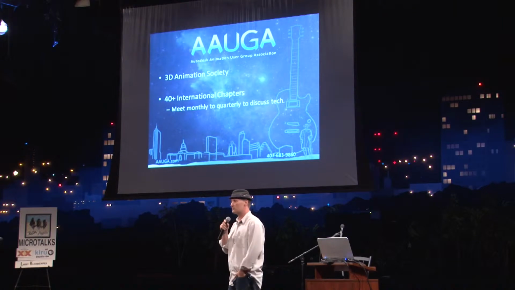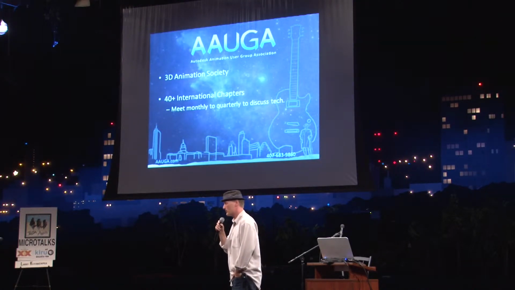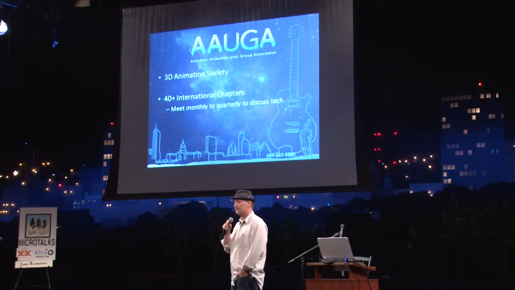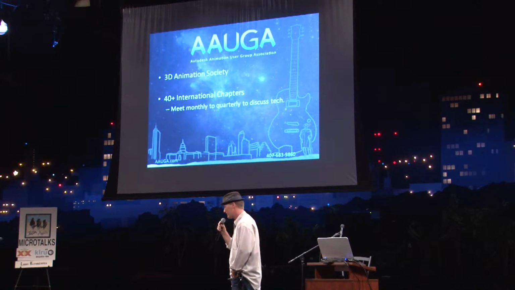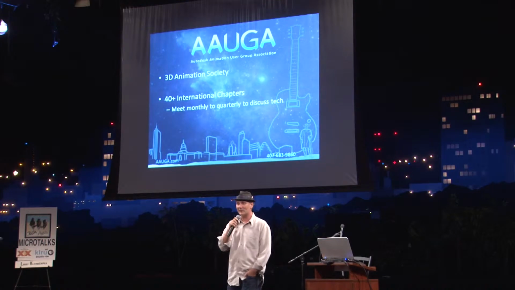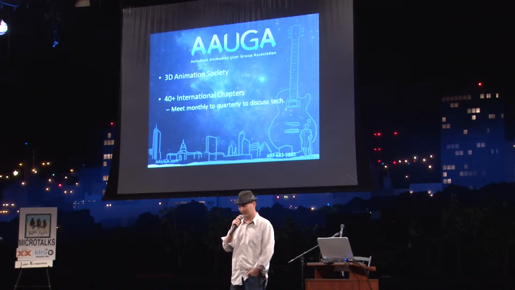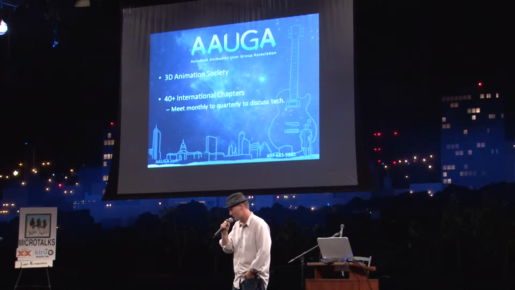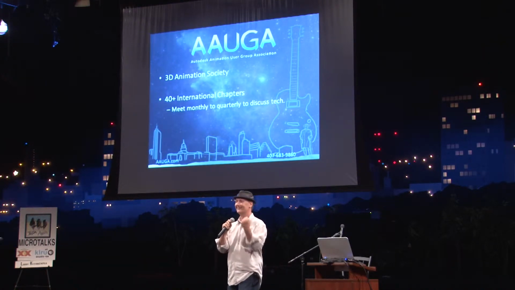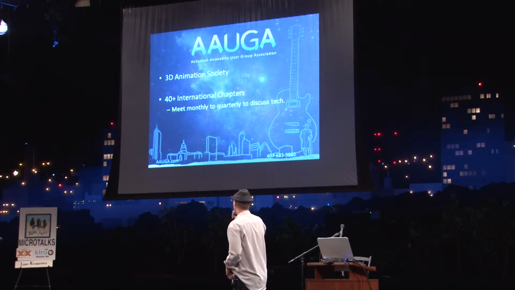There used to be a bunch of groups called 3D Studio Max user groups and Maya user groups and Softimage user groups until Autodesk bought them all. So now we're the Autodesk Animation User Group Association, the world's worst name for a user group. But we have sort of latched onto its acronym, which is AUGA, and so we've had some fun with that.